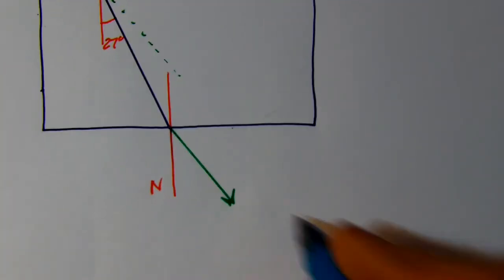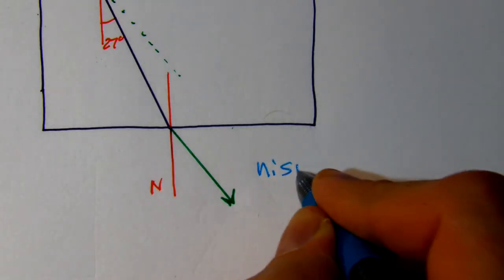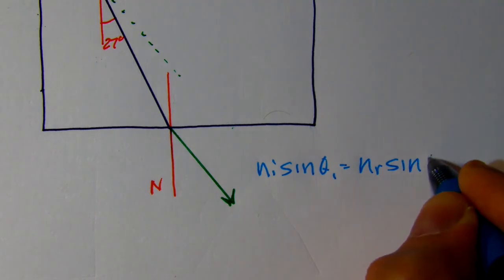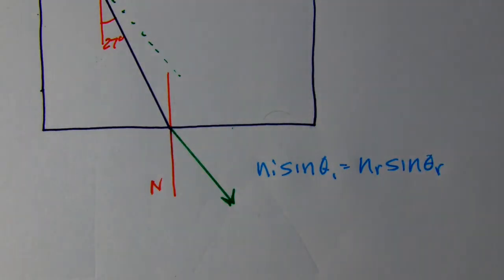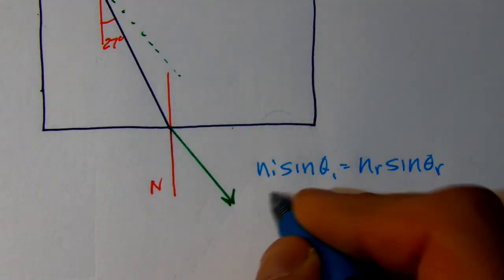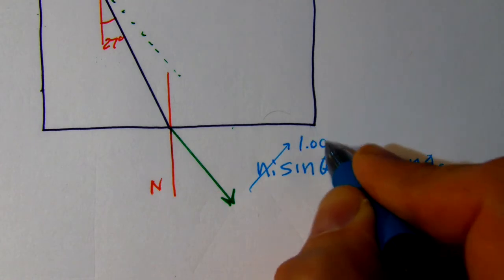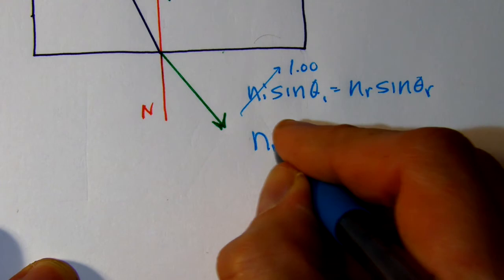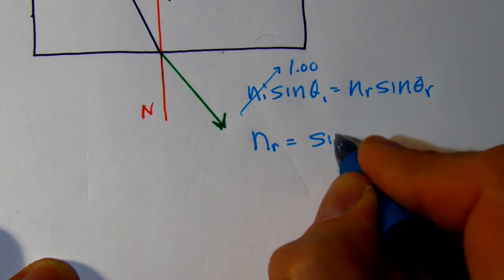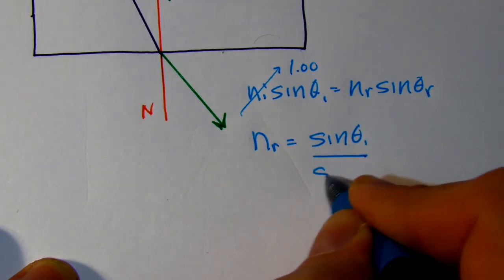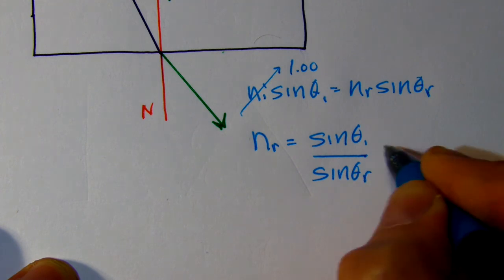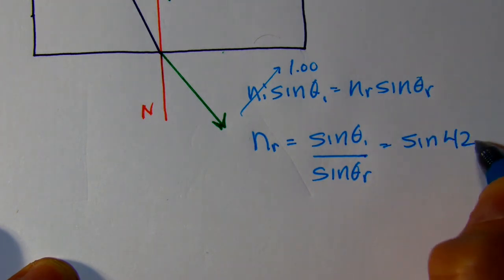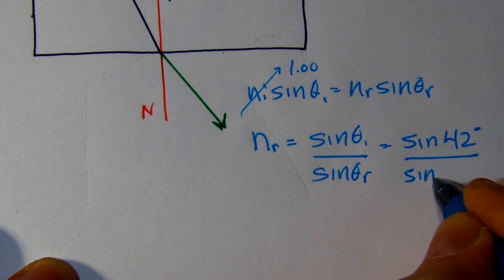So what do you have here? Ni sine theta I equals Nr sine theta R. You rearrange, but remember this goes to 1, so that's not a big deal. And so now you have the index of refraction is sine theta I over sine theta R. And we're going to go with 42 and 27.